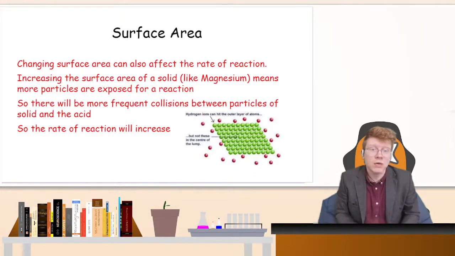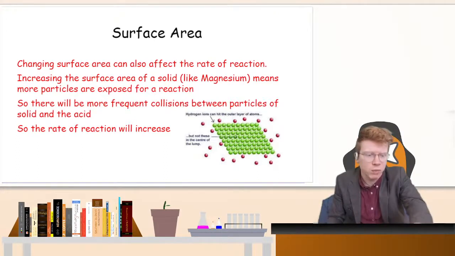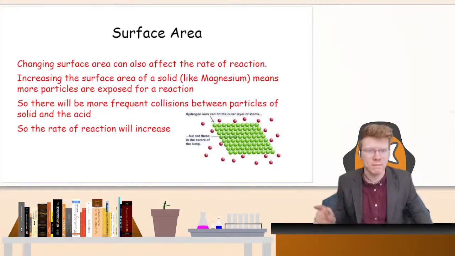You've essentially increased the amount of particles that can be exposed to one another, and that's what increases the rate of reaction, right? And a nice way of phrasing it is that you will have more frequent collisions, right? So that's a good way of thinking about it. So more surface area leads to a faster rate of reaction because your collisions can be more frequent.